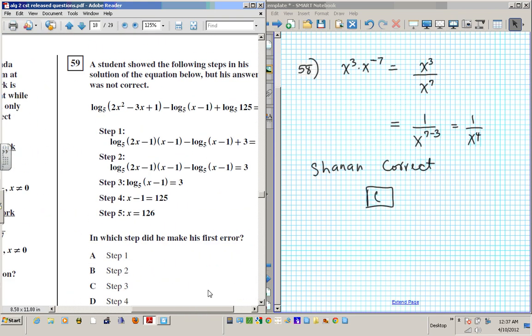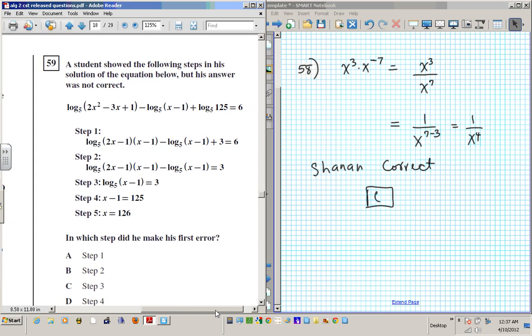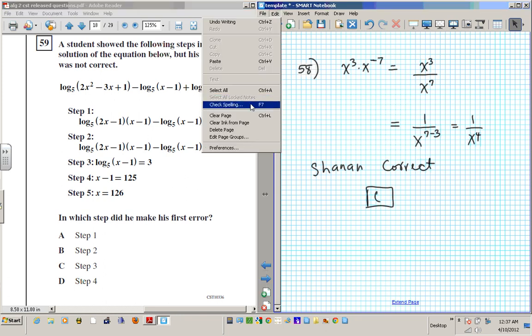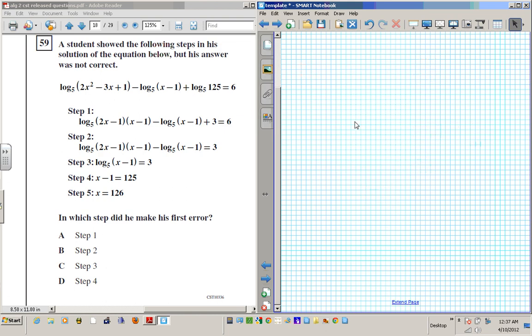It says, a student showed the following steps in solution, but his answer was not correct. What step did he make the error? Okay, so let's take a look at this real quick. For 59: log base 5 of 2x squared minus 3x plus 1, minus log base 5 of x minus 1, plus log base 5 of 125 equals 6.